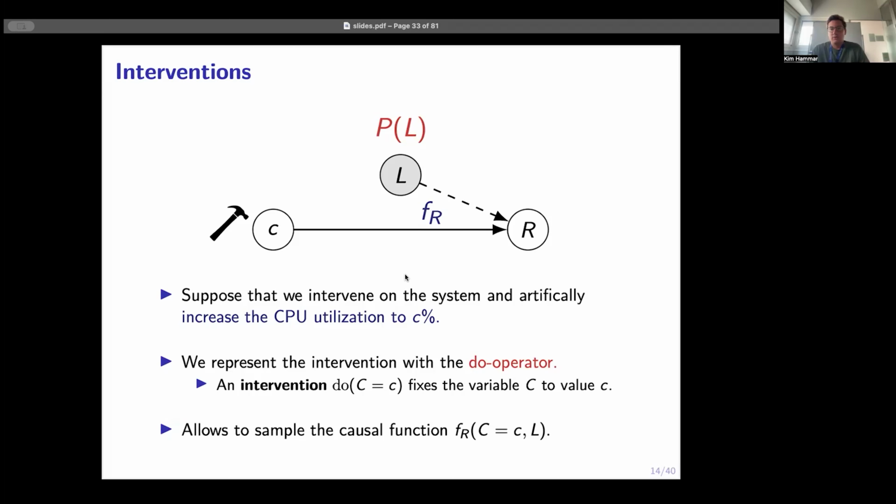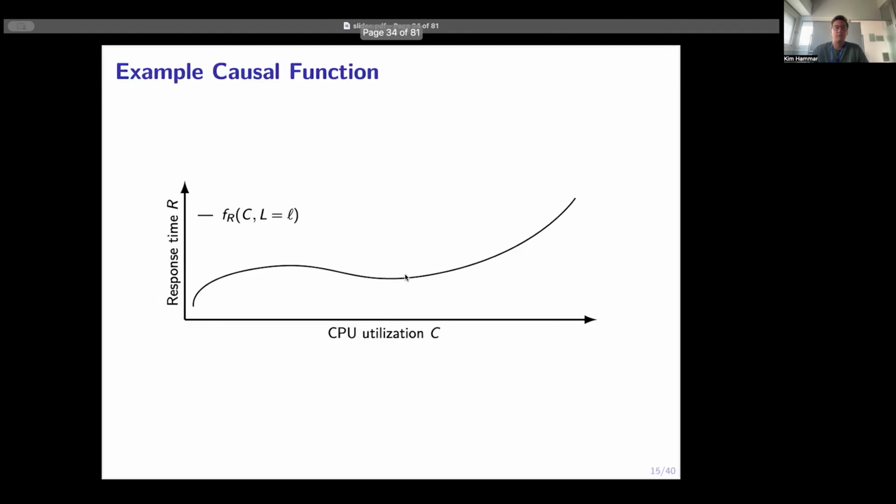So to illustrate this identification, consider the following example, where on the x-axis you have the CPU utilization, and on the y-axis you have the response time. And this function here is the causal function of the response time. Now, suppose that we are monitoring the system without intervening. So we're monitoring and we are measuring these variables, CPU utilization and the response time.